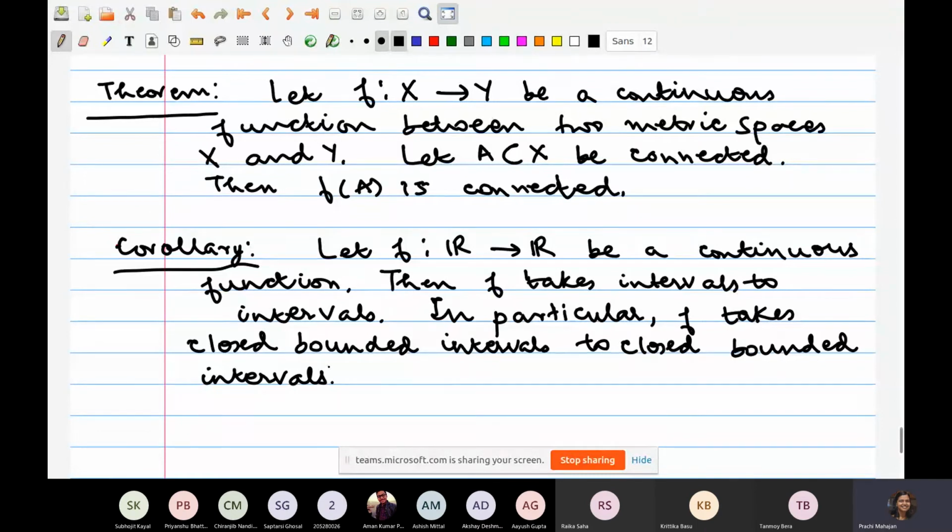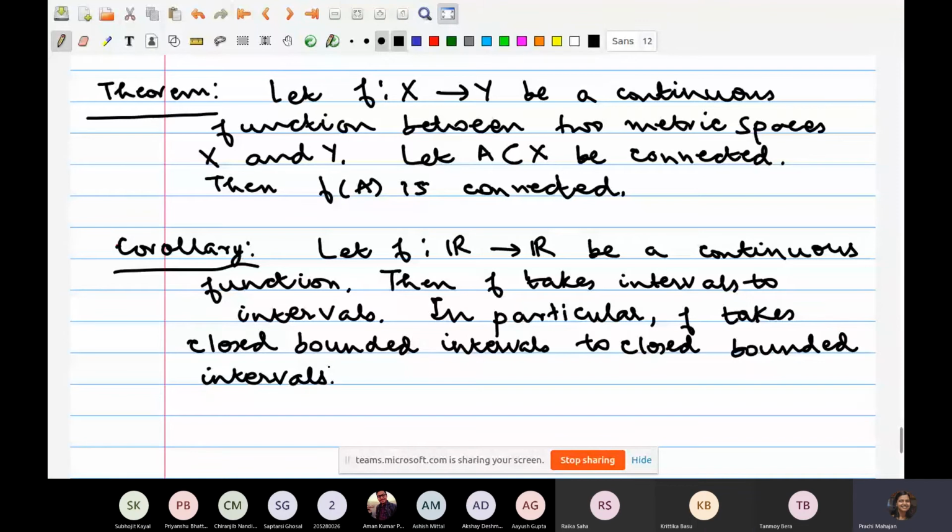Connectedness is also preserved. So I'm combining two things here: a continuous function takes connected sets to connected sets, and a continuous function takes compact sets to compact sets. Is that okay? Yes, ma'am.